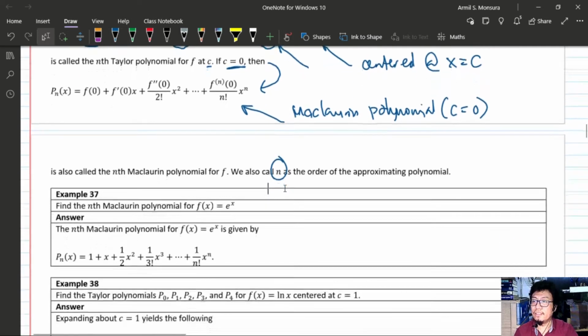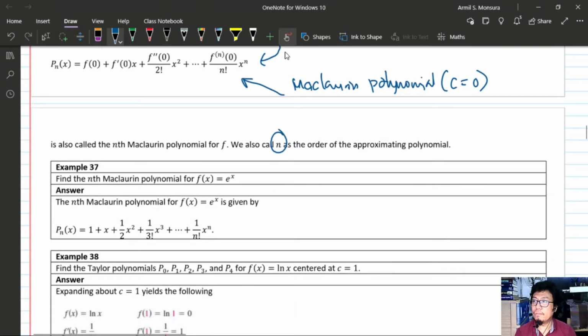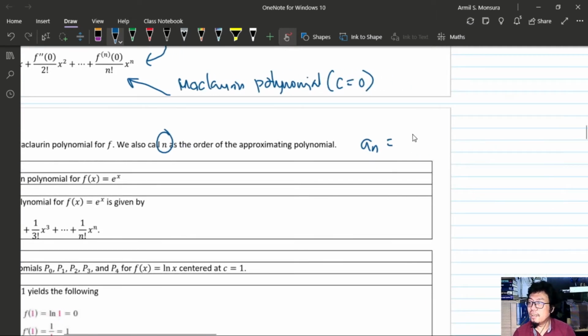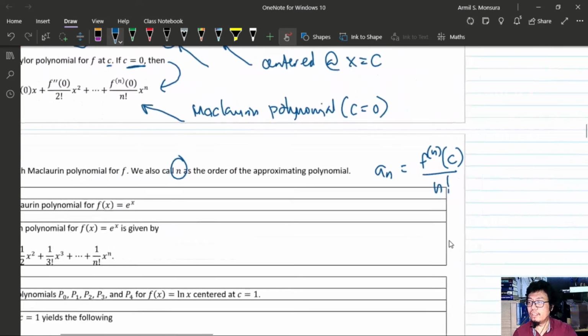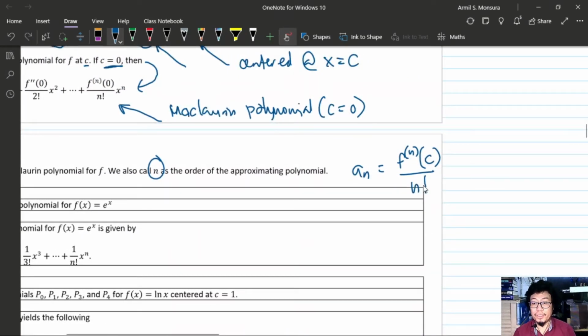Let us find the nth Maclaurin polynomial for f of x equals e raised to x. Again, the general formula for the nth order coefficient is the nth derivative of f at c over n factorial. So that's the nth order coefficient for your Taylor polynomial.